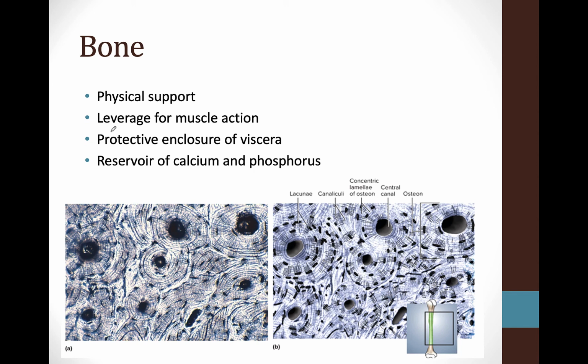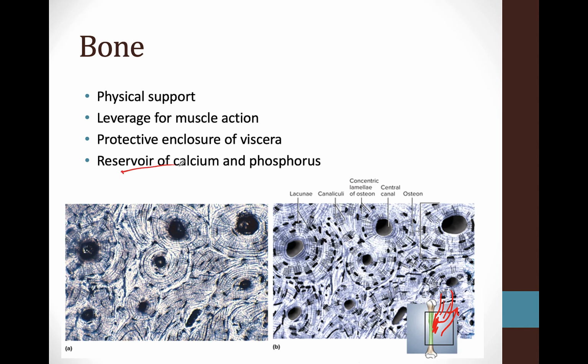They also provide a lever for the muscles to act on. So our muscles can attach to the skeleton with tendons and allow us to pull on the bones. Bones provide protection, so think about your skull surrounding your brain, or your ribs surrounding your heart and lungs.